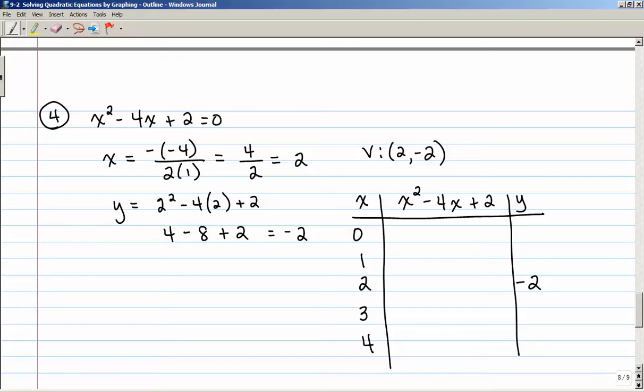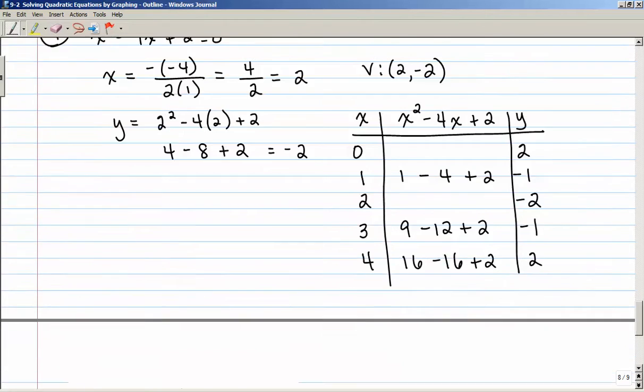Negative 4x becomes a 0, so that gives me a y of 2. Plugging in 1, 1 minus 4 plus 2 gives me a negative 1. Plugging in 3, I have 9 minus 12 plus 2 gives me a negative 1, and plugging in 4 gives me 16 minus 16 plus 2, or 2.